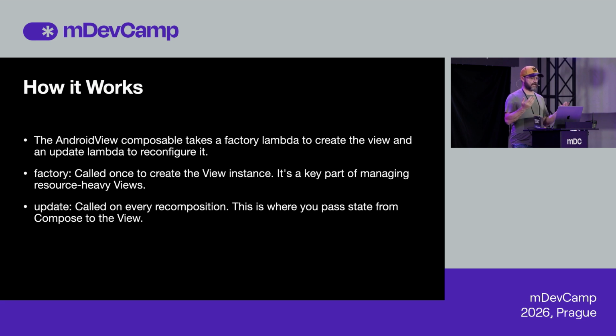So if there is a recomposition, we have new state, and we might need to change the view, right? Change background color, change dark mode, start adding, in the case of map, well, we have markers, but there are different libraries that, well, might have different requirements. The factory is called only once when we create the view instance. So sort of an onCreate method for the view, right?